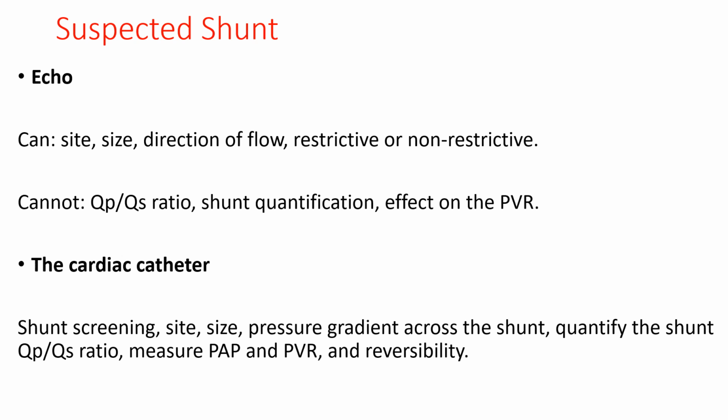Also, the cardiac catheter will measure the pulmonary artery pressure, and if this pulmonary artery pressure is high, it will also give us the chance to measure the pulmonary vascular resistance and decide whether this high pulmonary pressure is because of the abnormal communication between the left side of the heart and the pulmonary circulation, or this high pulmonary pressure is just because of the high pulmonary vascular resistance developed by the high pulmonary blood flow because of this shunt and because of the recirculation of blood in the pulmonary circulation.